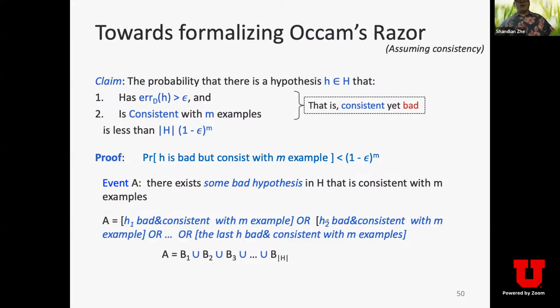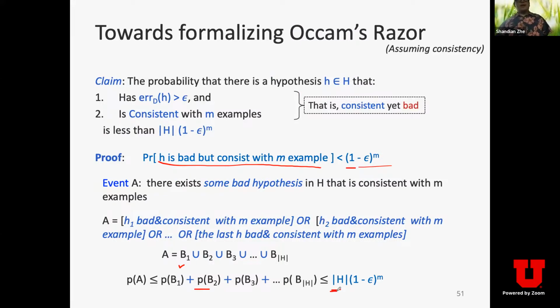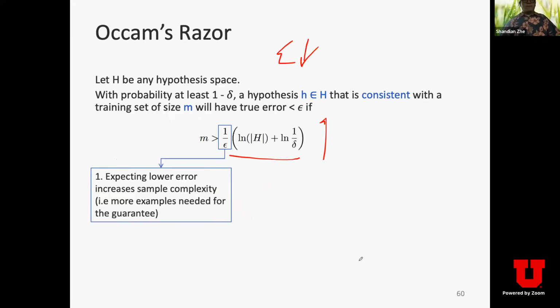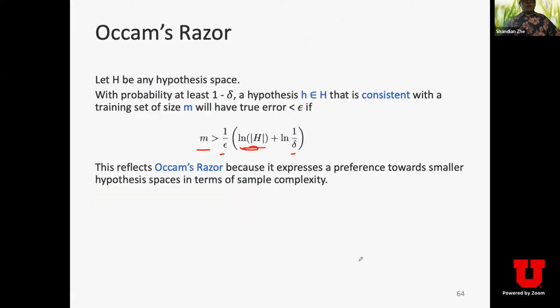However, if your event is decomposed into an infinite union, then if you do the summation over that, the size is infinity, so you get an infinite bound. An infinite bound doesn't mean anything, because any probability is less than infinity. So that won't give you a reasonable sample complexity bound or further insights.